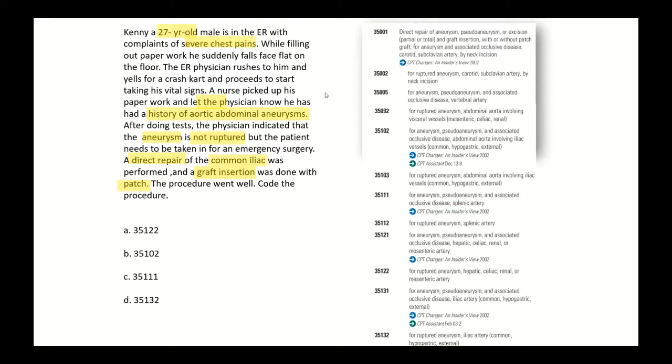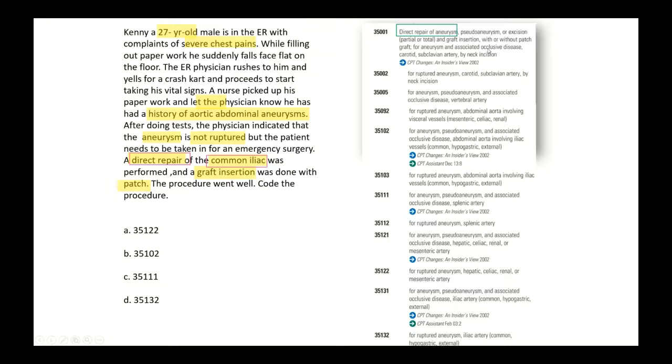First, we know that we are dealing with a direct repair of an aneurysm, which is good. Where is it located, or where is that repair done? We have common iliac, and I'm seeing those in your keywords coming through, so that's good. So 35001, that's your parent code. That is your direct repair of aneurysm. Also, pseudoaneurysm is coded here, or excision, either partial or total, and graft insertion.